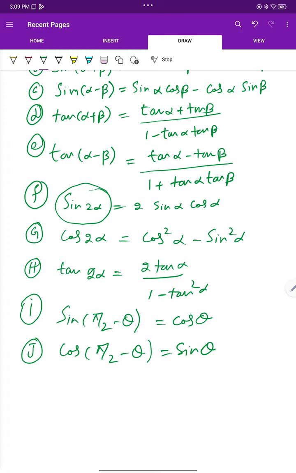So sometimes, for example, if you want to find some identity, you can put one angle with another angle, and then you will get another identity. So here I can give you an example.